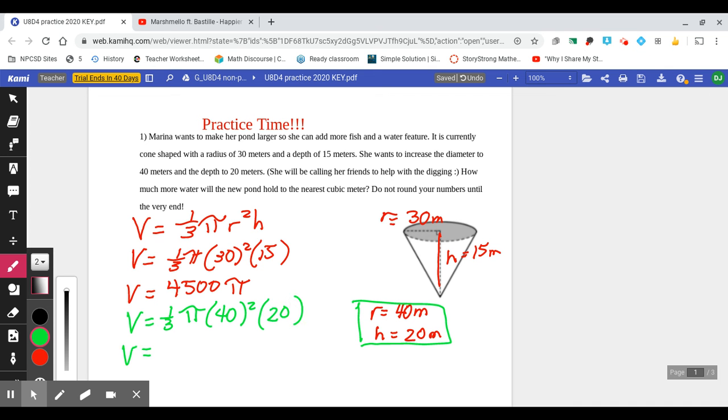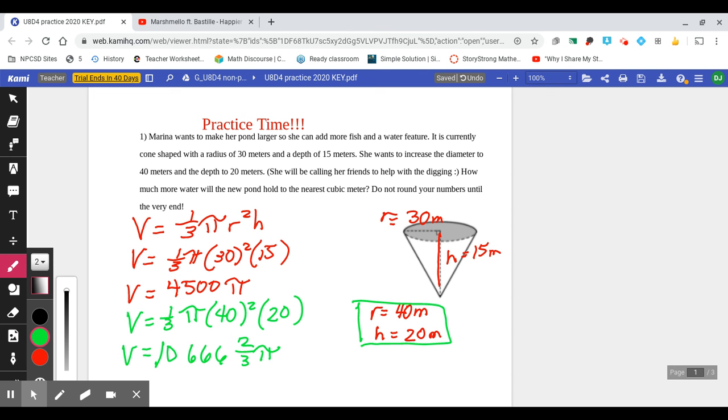I'll do the same thing: 40 squared is 1,600, times my 20 is 32,000, and I'm dividing by 3 because that's the same as multiplying by 1/3. This one doesn't come out as nice, but it's okay. 10,666 and 0.6 repeating is really the fraction 2/3, but it would be okay if you just wrote the big decimal. You'd get the same effect in your calculator.